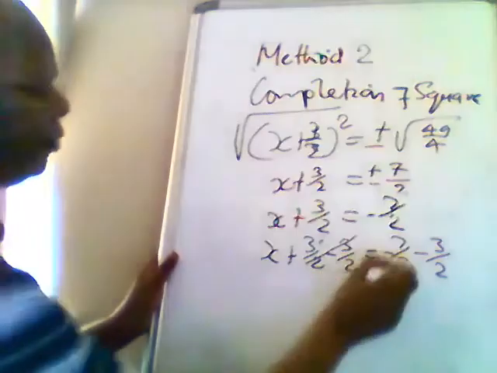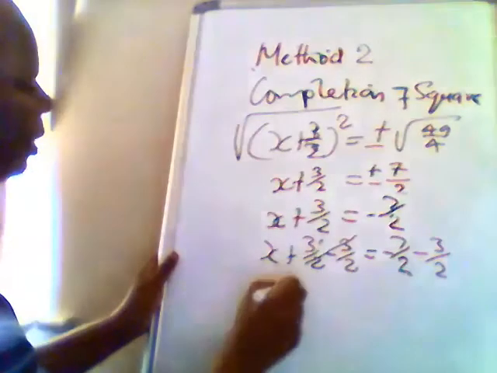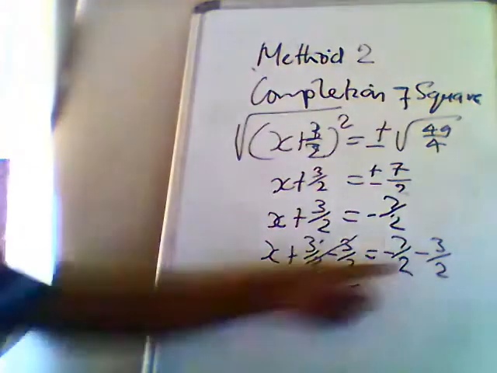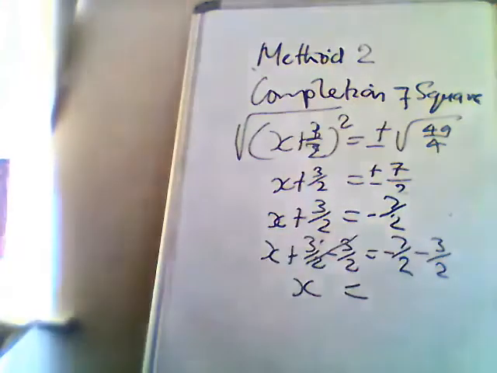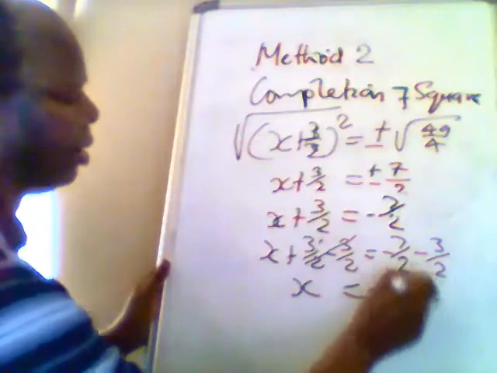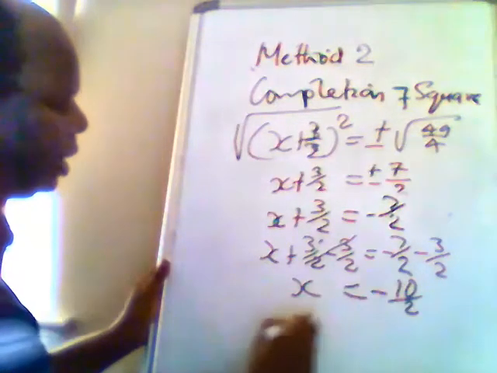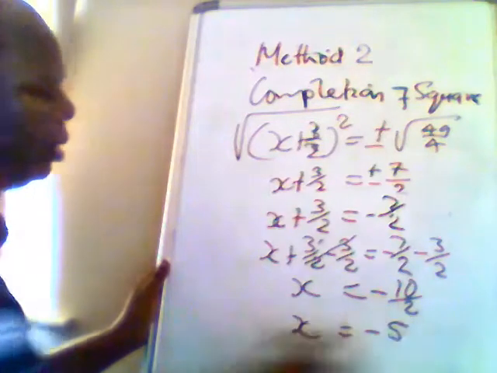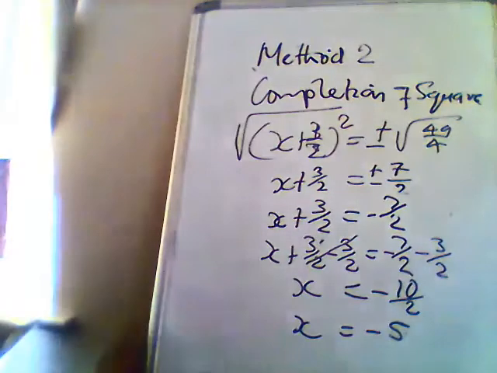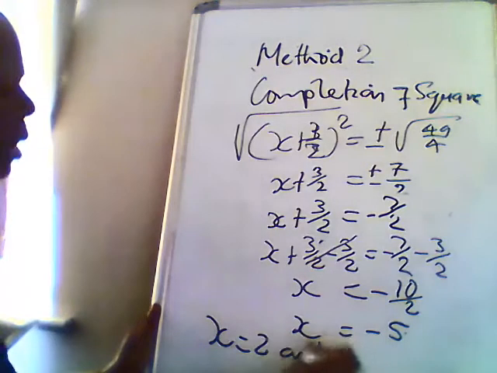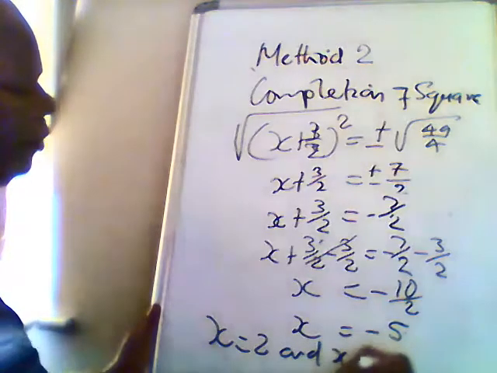So we're going to have x on this side, and there the common denominator is the same, so we just need to add those, which is going to give us minus 7 minus 3 is minus 10 over 2, which means x equals minus 5. Okay, so these are the answers. So x equals 2 and x equals minus 5.